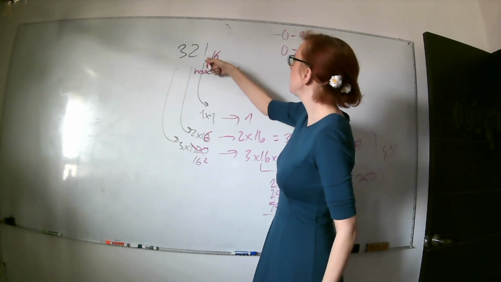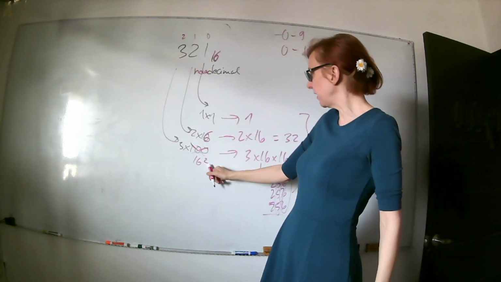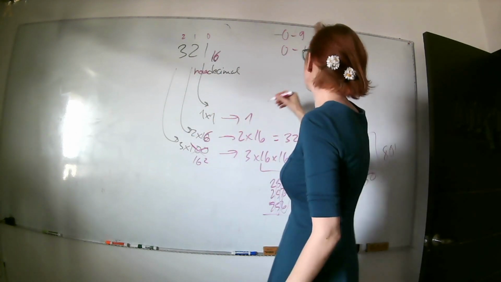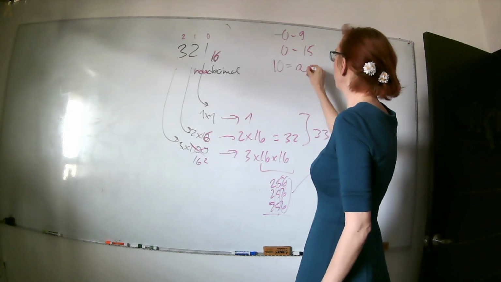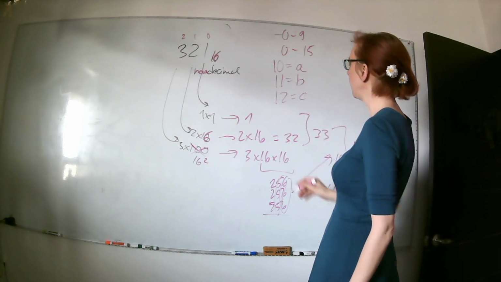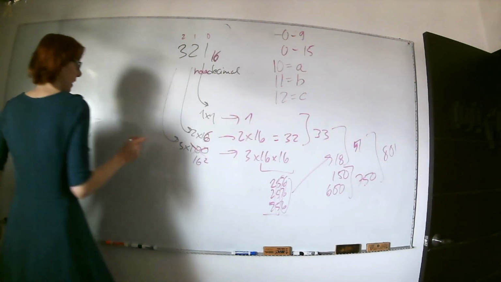But since the digit position corresponds to the power to which we're elevating the base, we cannot put multiple digits in the same position. So if you want to put a 10, you put an A. If you want to put an 11, you put a B. If you want to put a 12, you put a C, etc. So it's just the alphabet taking over.